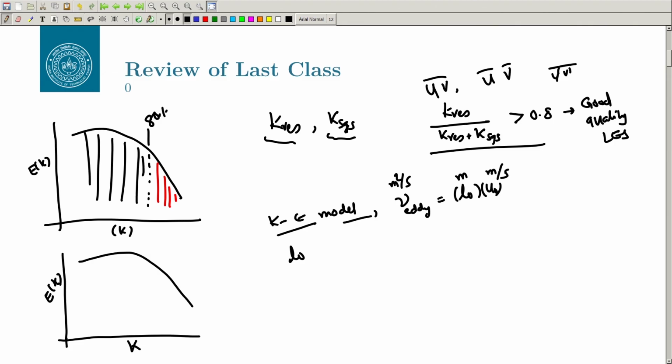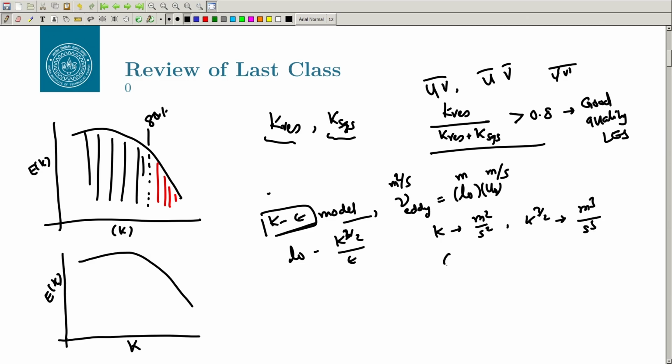So, if you are using a k-epsilon model, for example, then your L naught will be k to the power 3 by 2 by epsilon, and you can verify it. The unit of k is meter square per second square, so k to the power 3 by 2 will be meter cube by second cube.